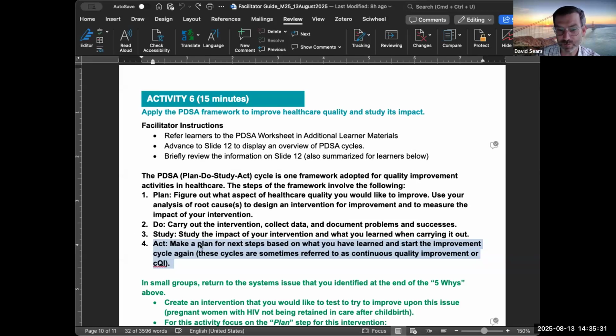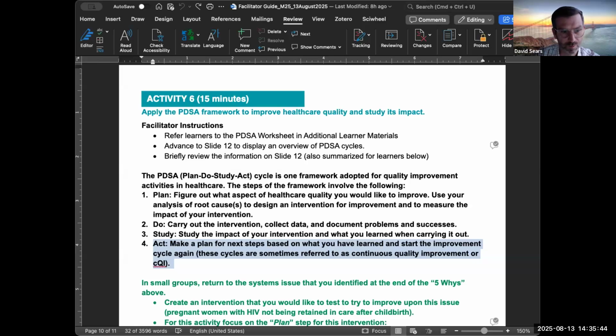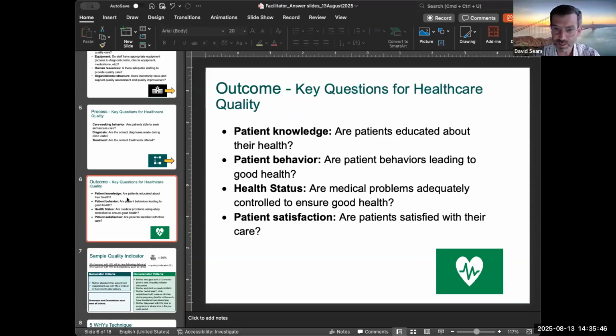So we introduced the Plan, Do, Study, Act framework. I will show you a couple of slides along those lines. There is also a worksheet that goes in the learner materials so they can actually use the worksheets to do the planning part of thinking about their intervention.